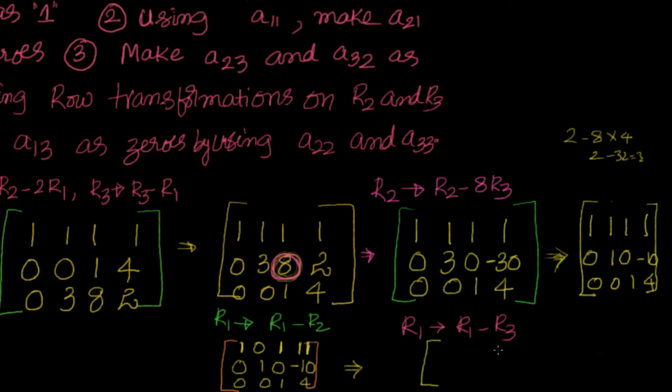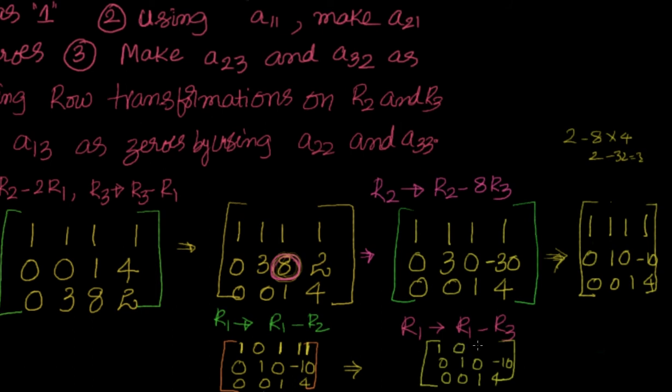So what does it become now? I will have 0, 1, 0, minus 10, 0, 0, 1 and 4 as it is. When I do R1 minus R3, 1 minus 0 is 1, 0 minus 0 is 0, 1 minus 1 is 0, and I will have 11 minus 4 equal to 7.